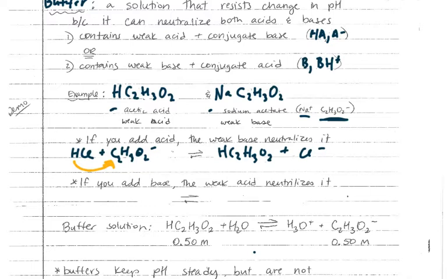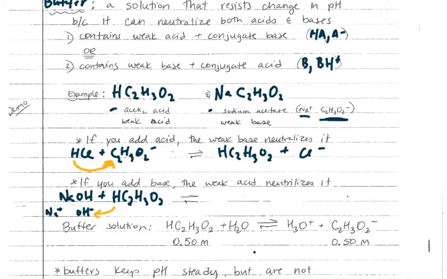If we took that same solution and we added a base, let's say sodium hydroxide, a common strong base, it's going to react with the acid, HC2H3O2, and the acid will donate the proton. The NaOH will dissociate into Na plus and OH minus, and that OH minus will gain a proton from this acid.